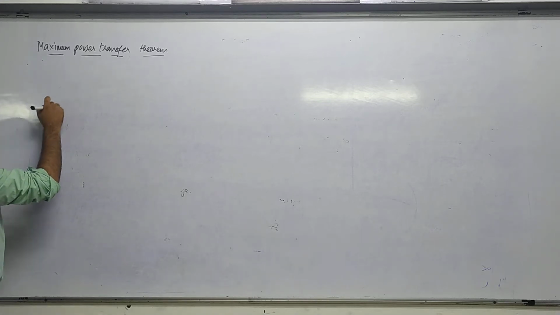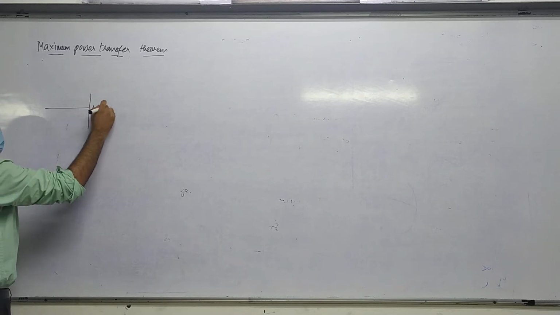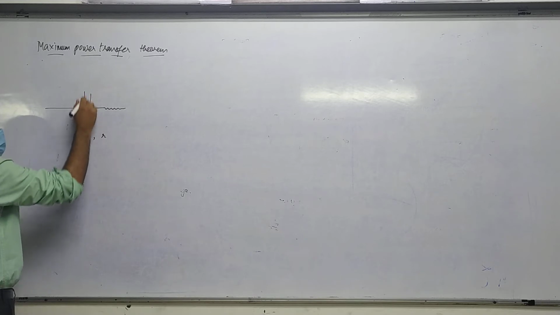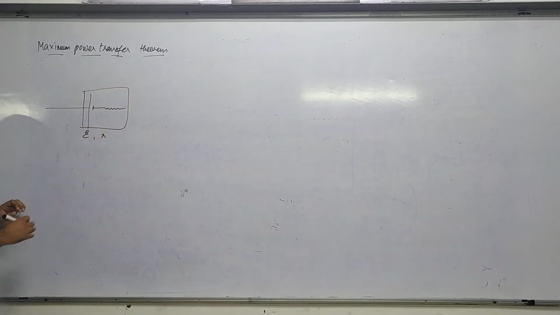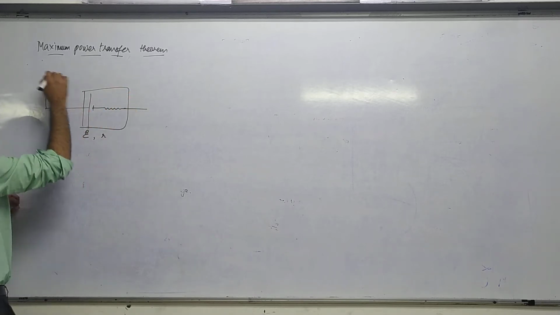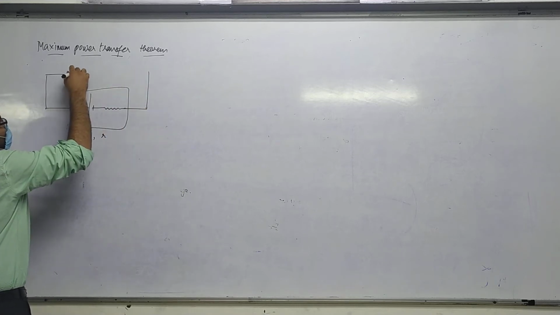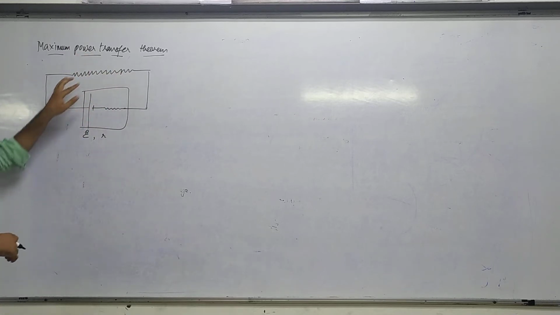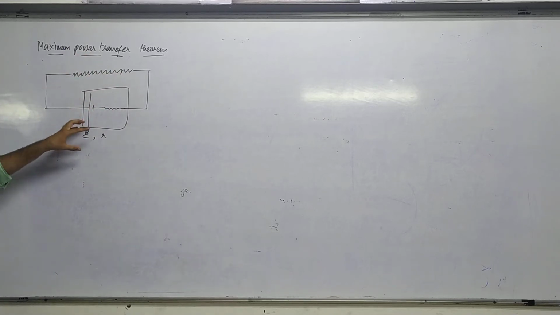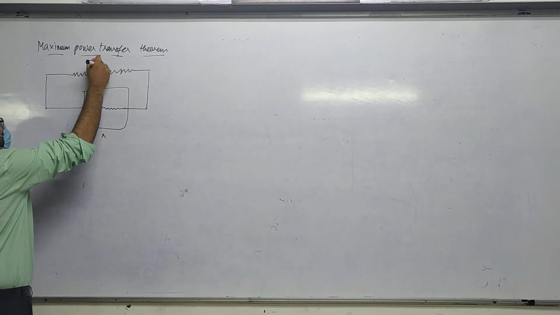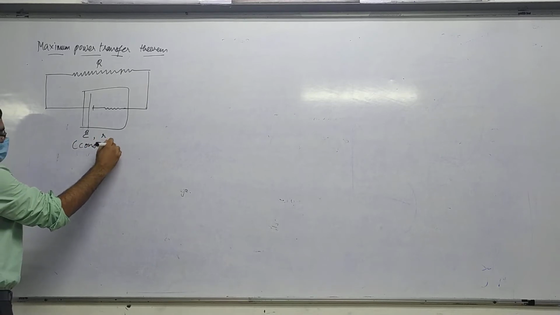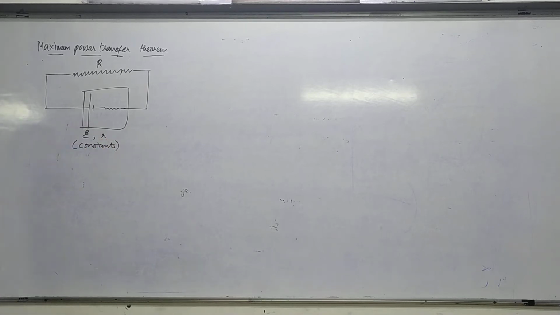So here is the problem that we are dealing with. Suppose someone gives you a cell with some fixed EMF and some fixed internal resistance. You want to use this cell to give some power to some device. Suppose I have a device, and let's say the device has a resistance R. These two are constant. That is, the cell is fixed, nothing is going to change here.